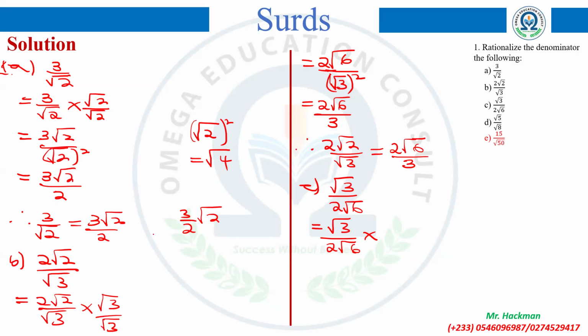Okay, all right. So now what do we have? I'm going to go by the root of 6 one. So multiply the numerator and the denominator by root of 6. In this case, we get root of 3 times root of 6, which gives us root of 18, am I right? All over, what will our denominator be?